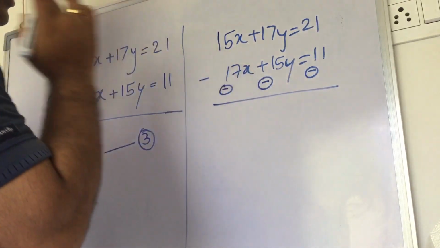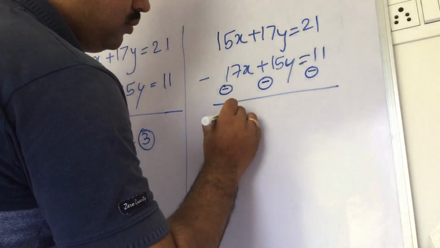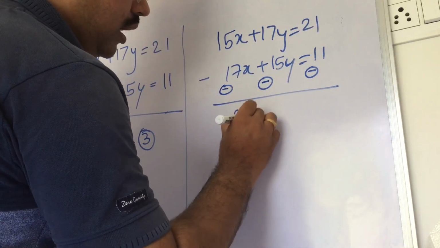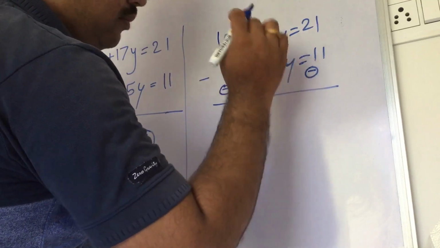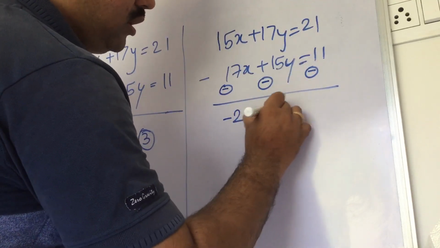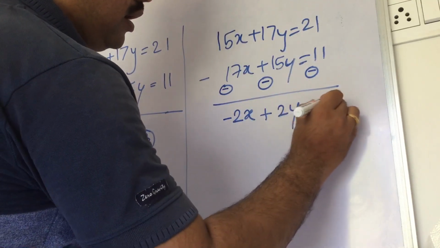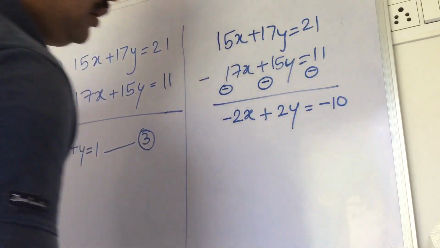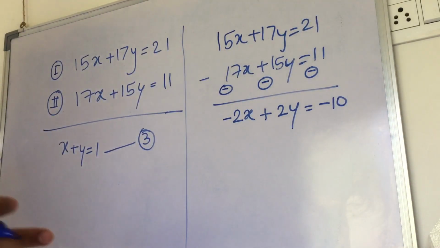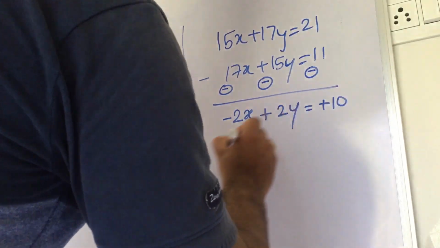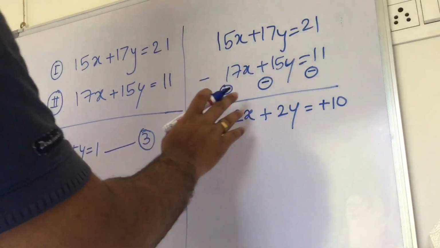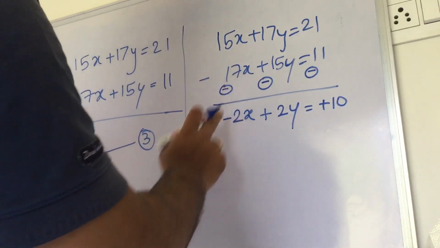So 15 minus 17 becomes minus 2x. 17y minus 15y is plus 2y. And this becomes minus 10, right? Now minus 11 gives plus 10, so always remember the sign of the bigger number is there.